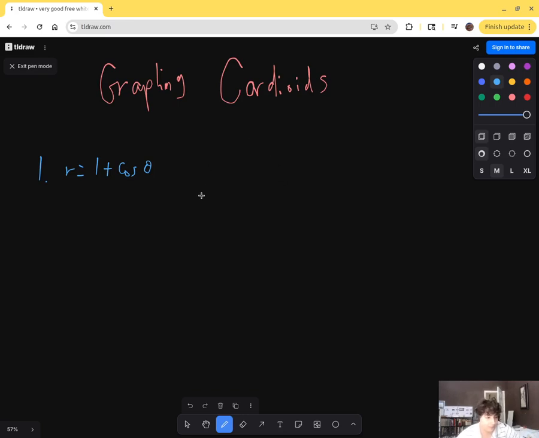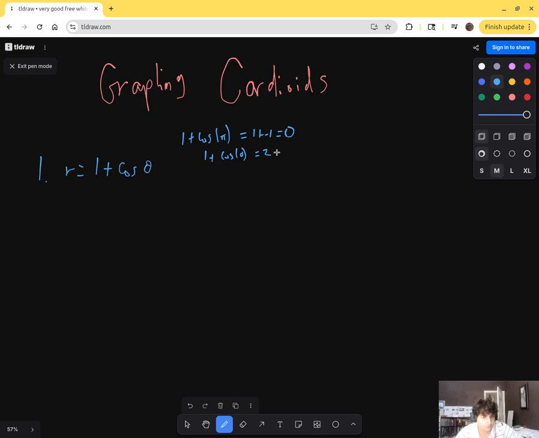When you have cosine, we can evaluate it at 0 and pi to see when r is its greatest. So if we say 1 plus cosine of pi, that's 1 plus negative 1, which is 0. So at pi, the radius is 0. But when it's 1 plus cosine of 0, that's 2.